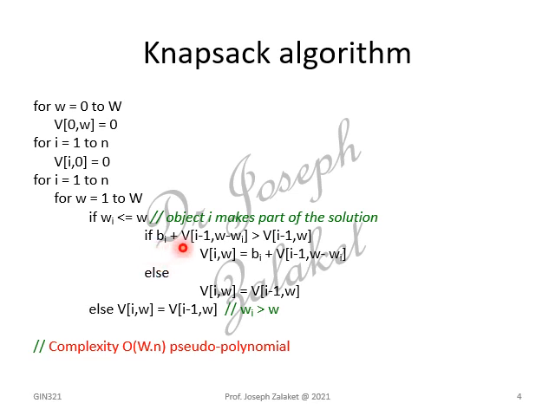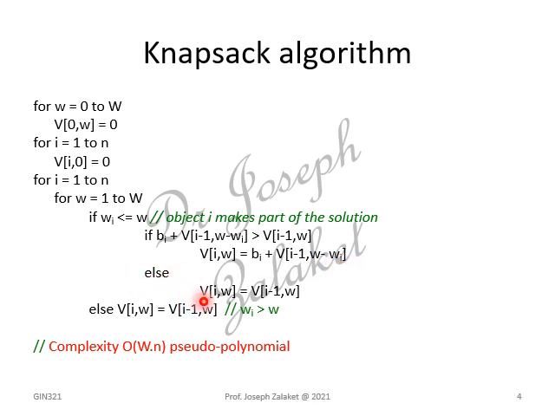So we will take the maximum this way. If bi plus V[i-1, w-wi] is greater than V[i-1, w], which means just the previous value, we will assign to V[i, w] bi plus V[i-1, w-wi].